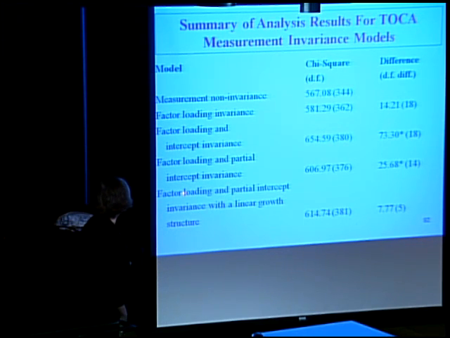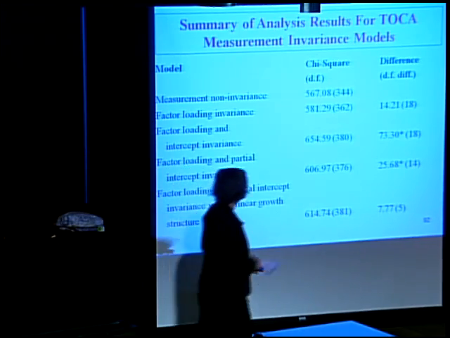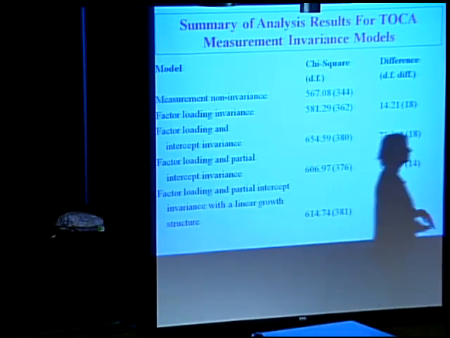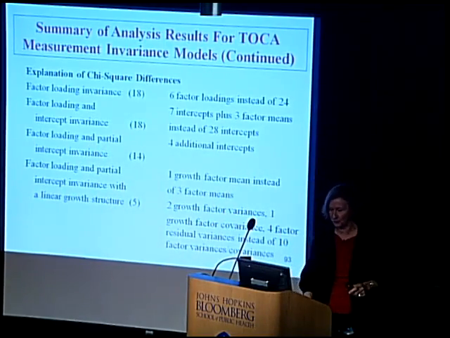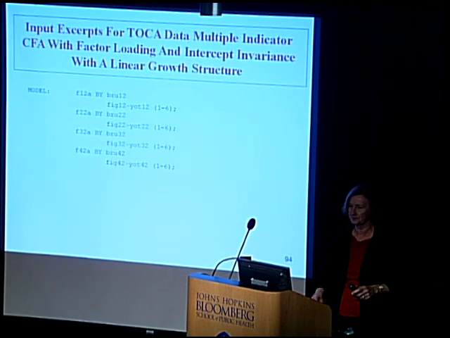And then we have factor loading and partial intercept invariance with the linear growth model put on, and that does not worsen model fit. And we have a description here, which we really don't have time to go through, but it's just telling you the difference in degrees of freedom and where it comes from.